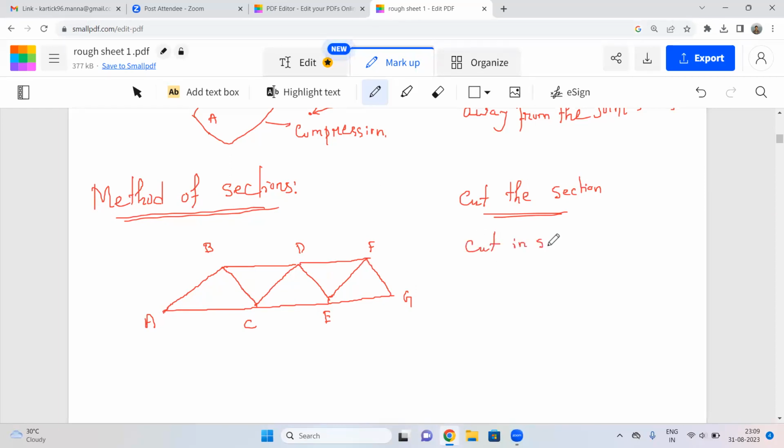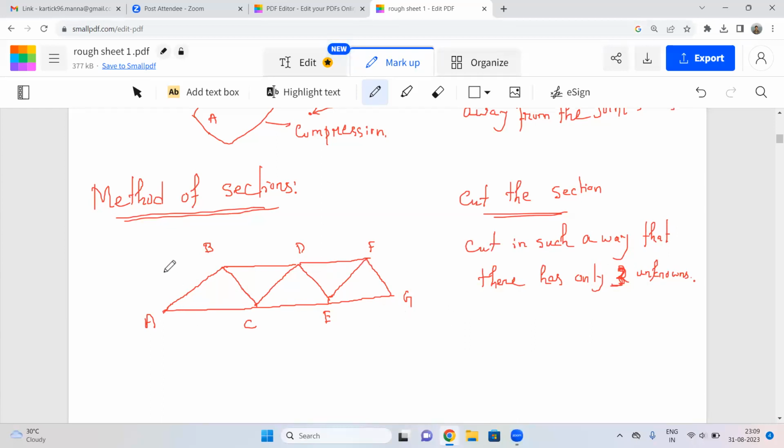Or not two, three unknowns. Maximum three unknowns, then it's fine.